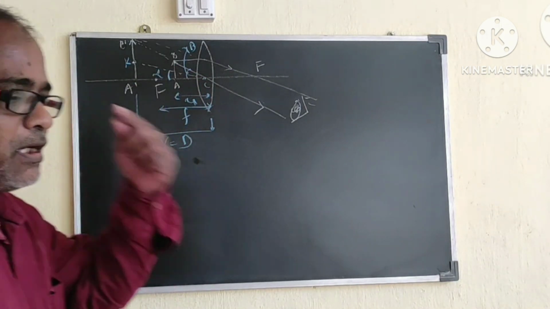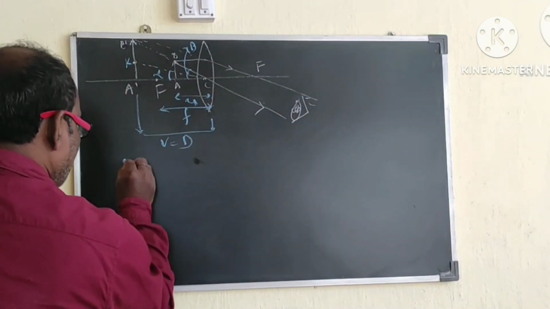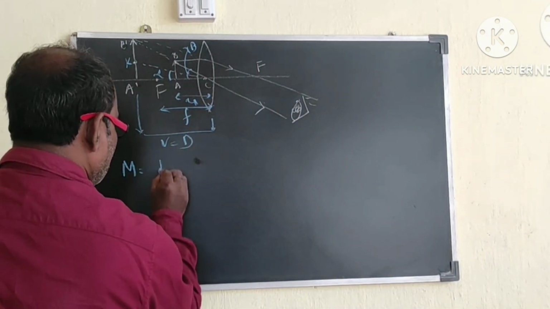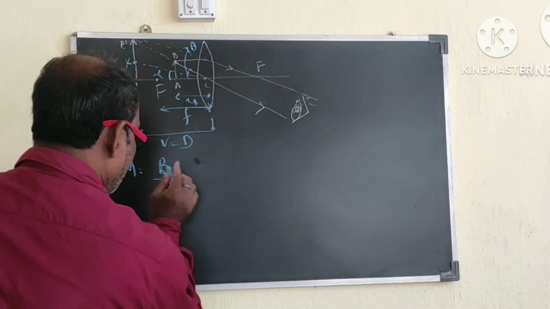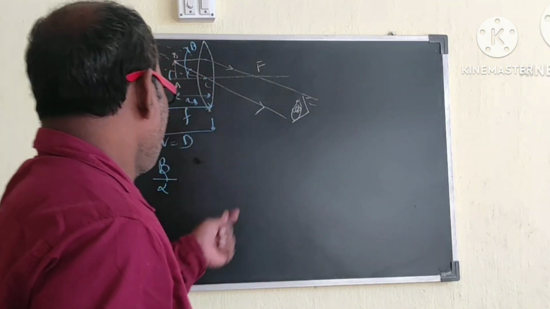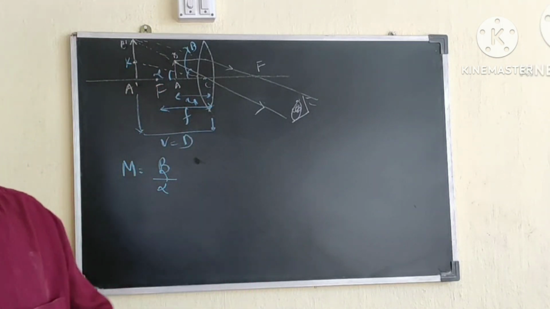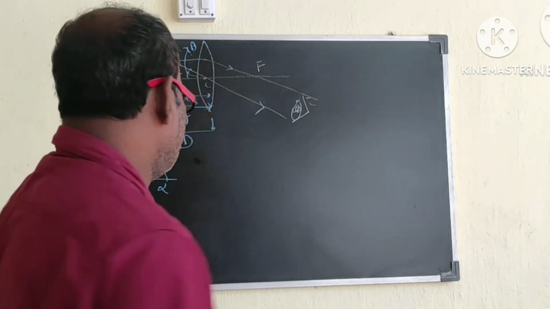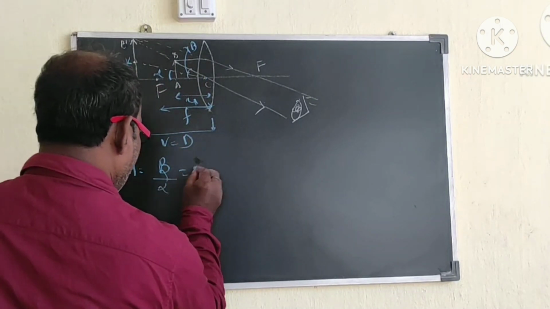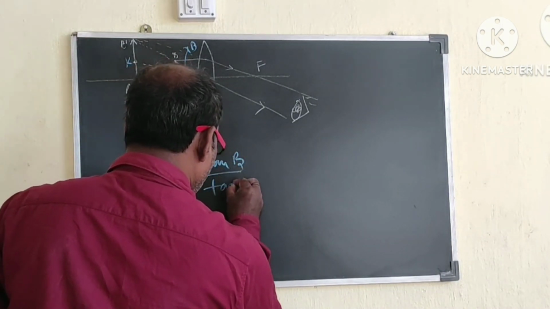So according to the definition of magnifying power, we have M equals beta by alpha. Since the angles beta and alpha are very small, we can take them as tan of the angle. So this can also be represented as tan beta by tan alpha.